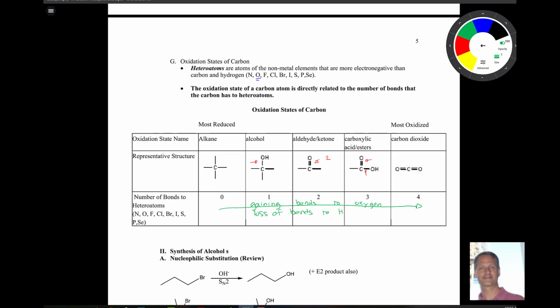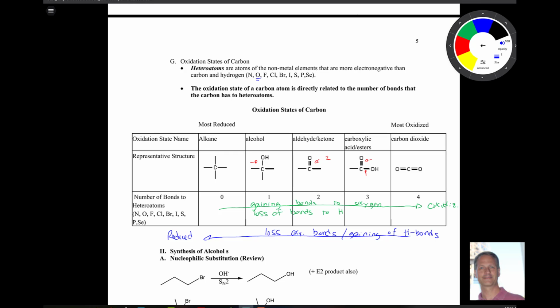That's oxidized. So going this direction, we're oxidizing. And then oxidation reduction works like this right there. They go in pairs. So over here, we're becoming more reduced. And here we have a loss of oxygen bonds or a gaining of H bonds.